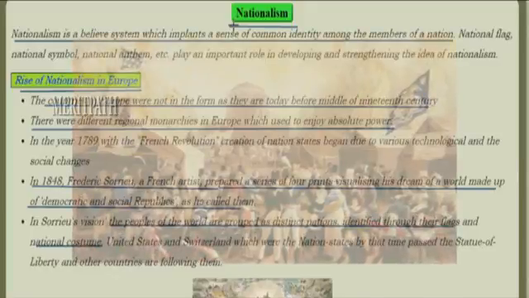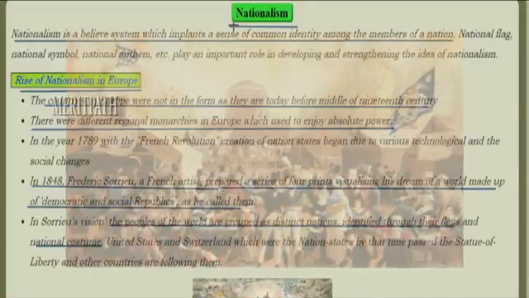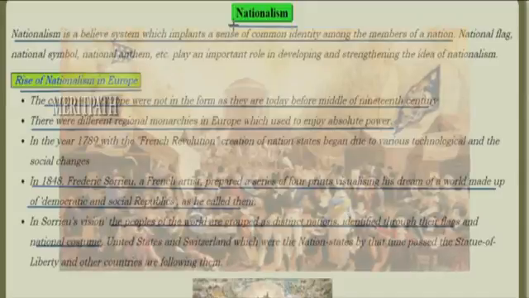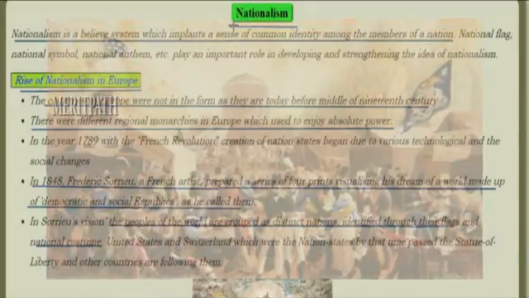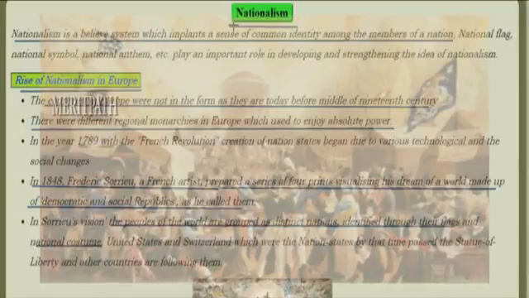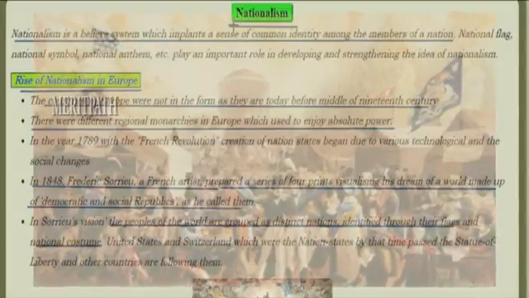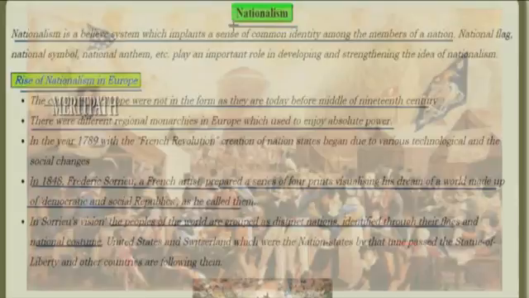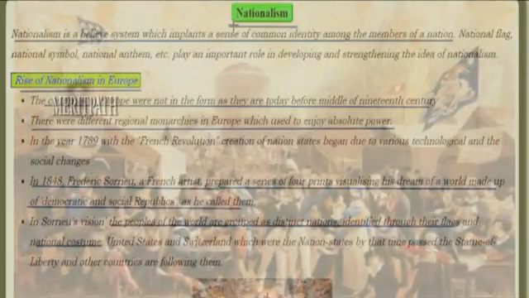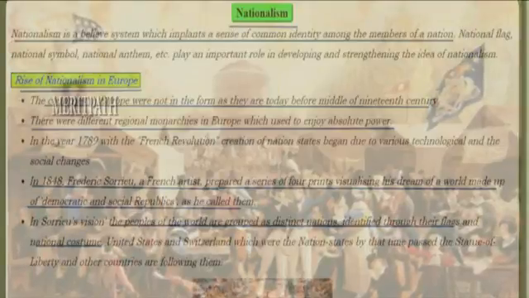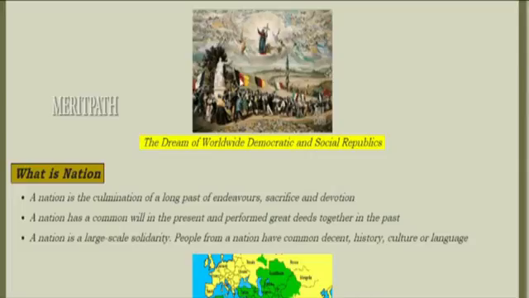In Sorrieu's vision, the people of the world are grouped as distinct nations, identified through their flags and national costume. The United States and Switzerland, which were nation-states by that time, lead the procession, passing the Statue of Liberty, followed by other countries. In this image, we see the dream of worldwide democratic and social republics.